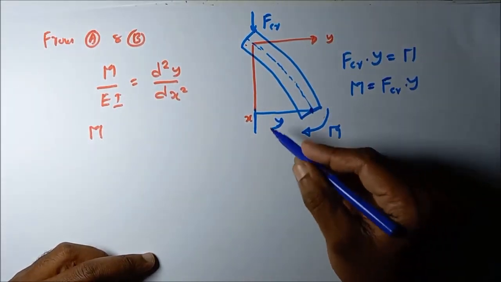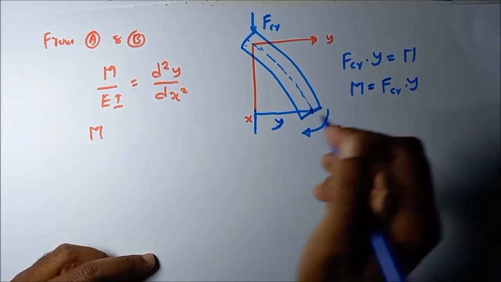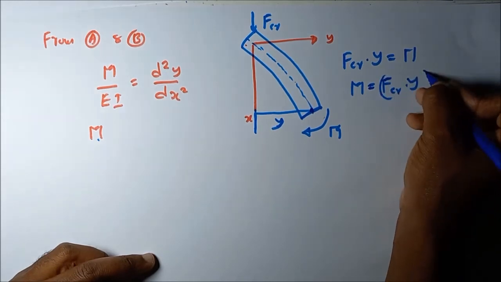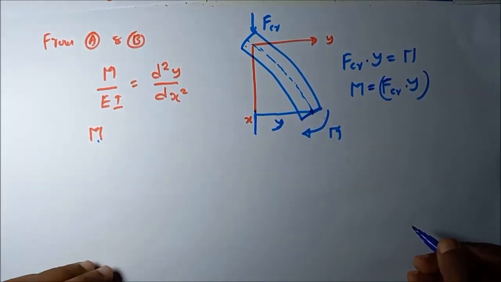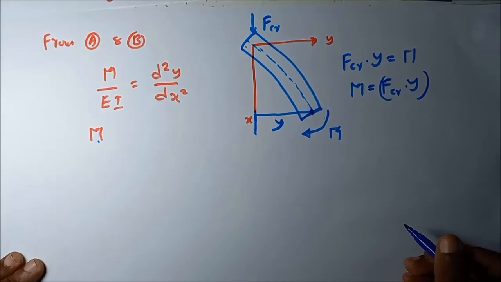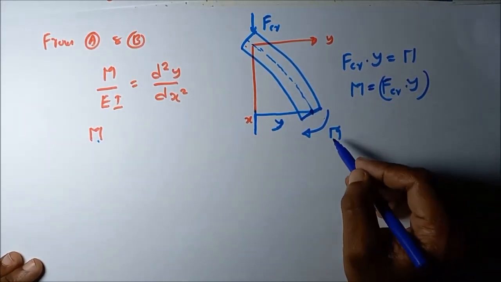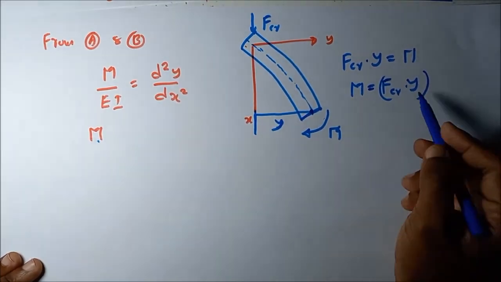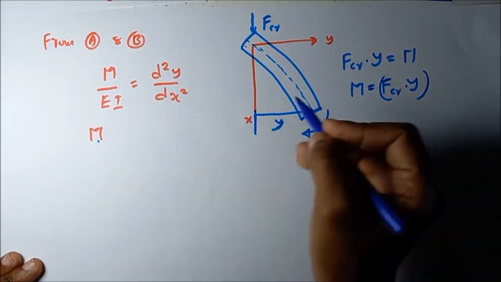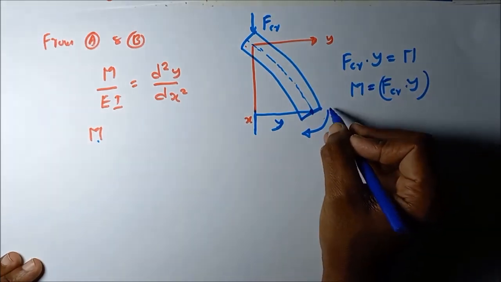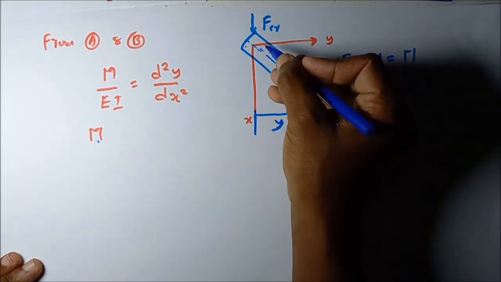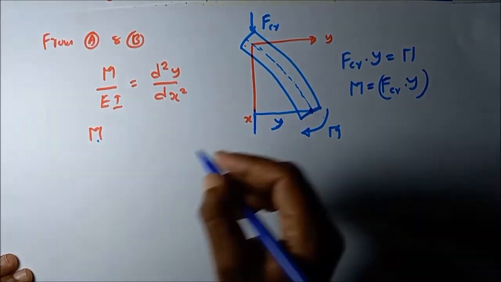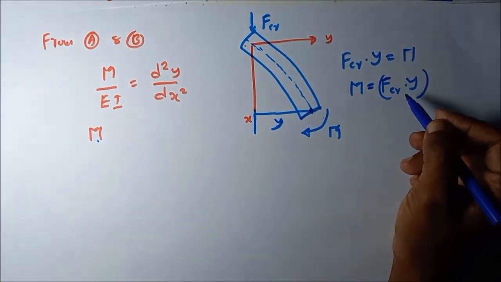This moment we have taken as the clockwise direction. When you are going to replace this M by the moment produced by this critical buckling load, we have to substitute it with a sign. So instead of M, when you put F critical into y, we have to put the minus sign, because this M moment is acting in a clockwise direction and this one in an anti-clockwise direction. So I am going to replace this M with F critical into y by putting the minus sign.